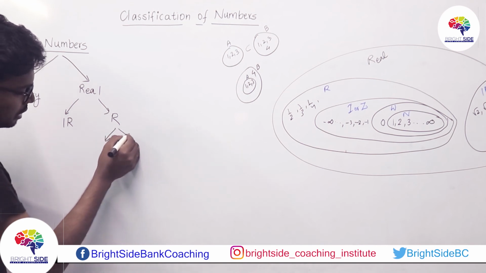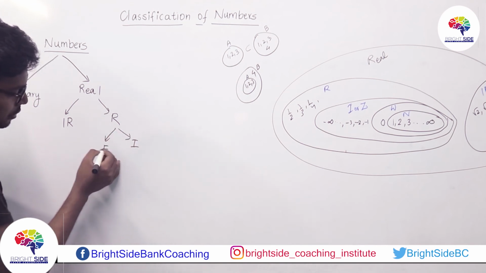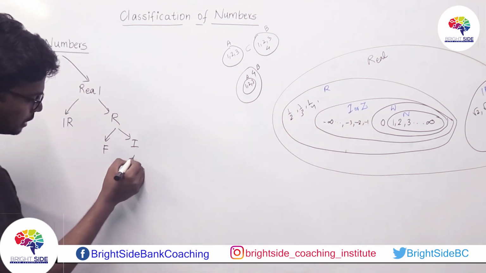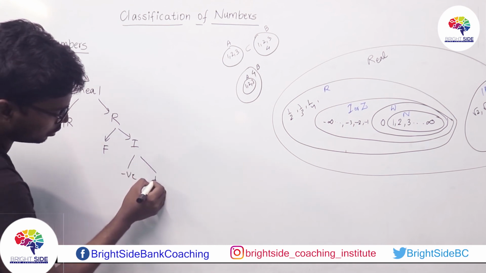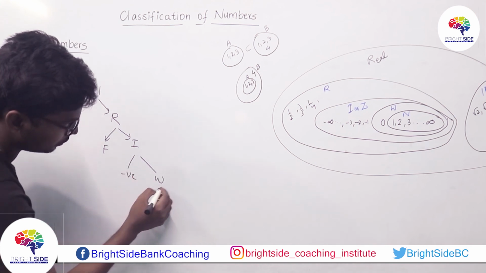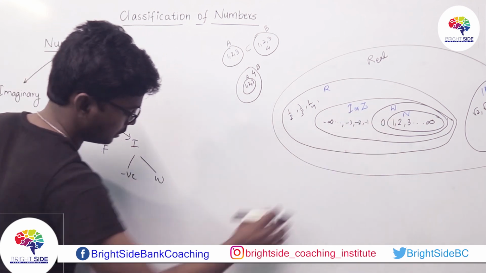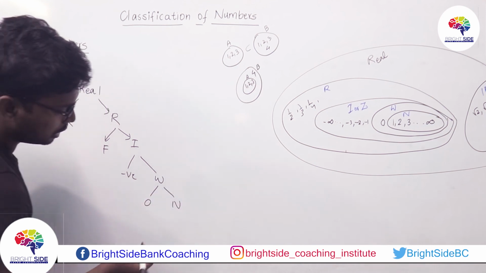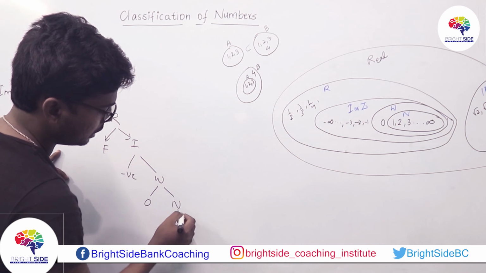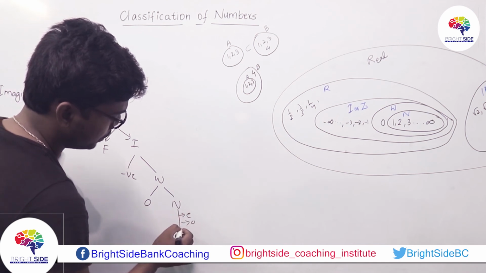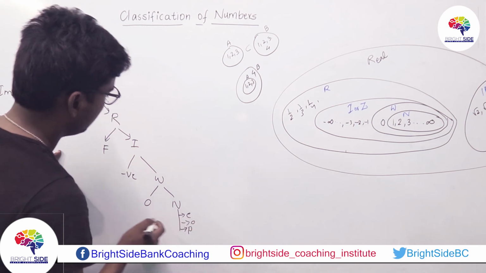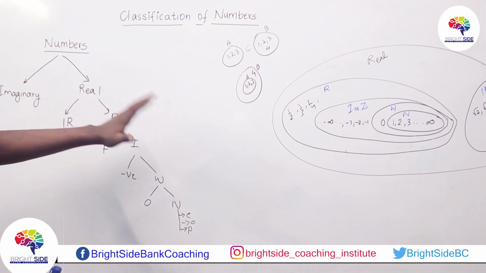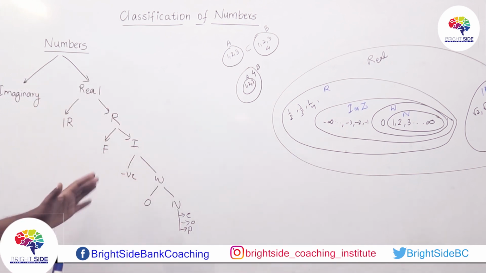Integers can be negative numbers or whole numbers. Whole numbers can be 0 and natural numbers. And natural numbers can be, you can write here anything like even numbers, odd numbers, prime numbers, composite numbers, like that. So by seeing this classification and this classification, you will have a better idea in the classification of numbers.